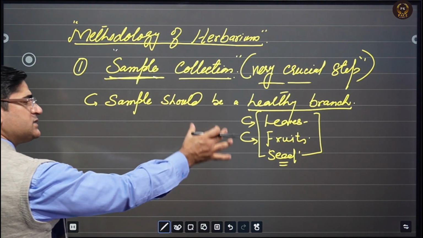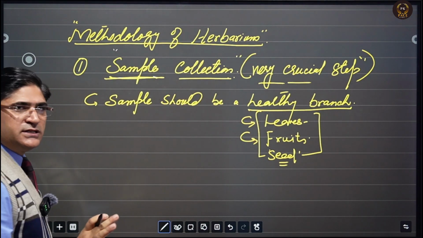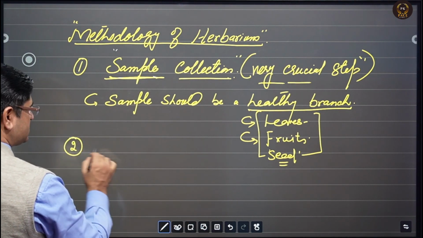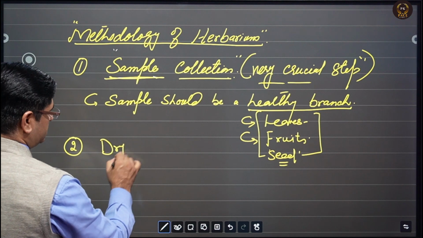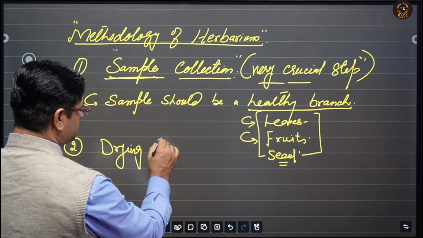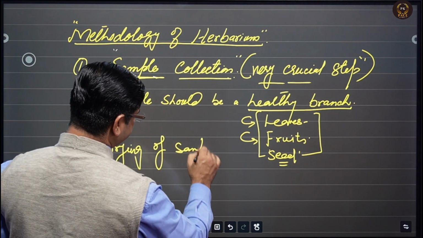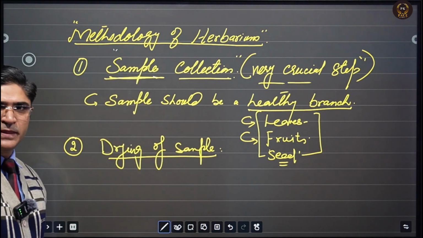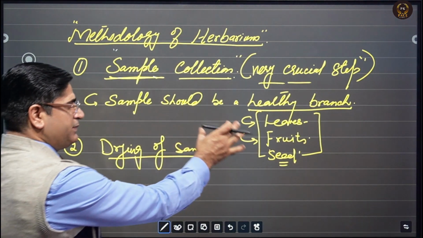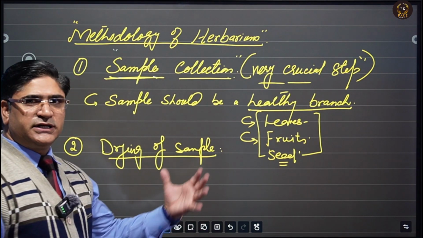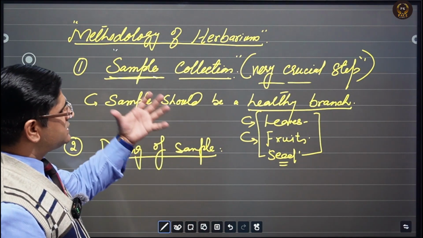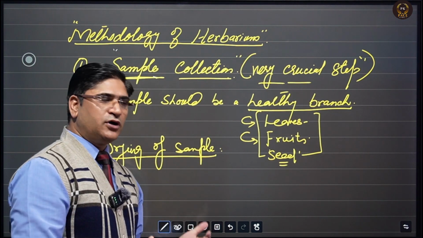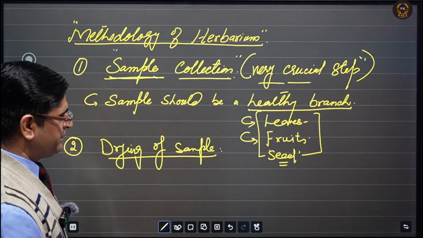Once the sample is collected, the second step is drying of the sample. Once the sample is collected by the researcher or taxonomist, it is properly taken care of until it reaches the lab or office.